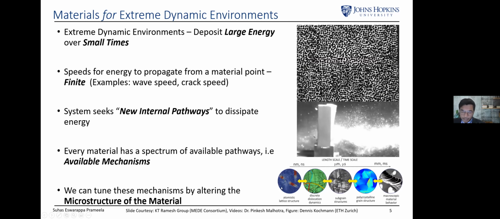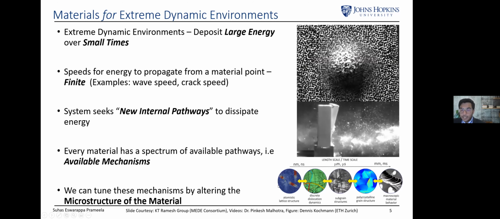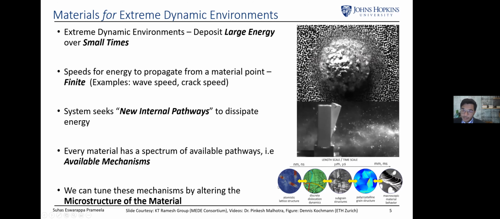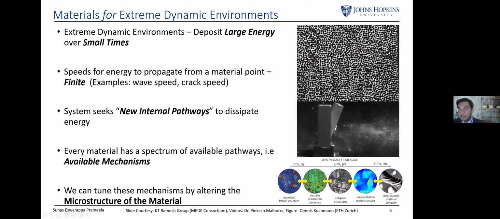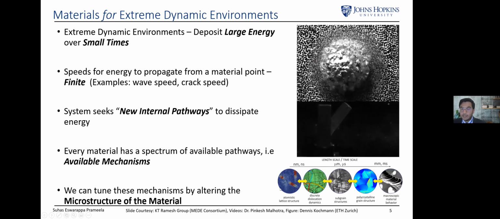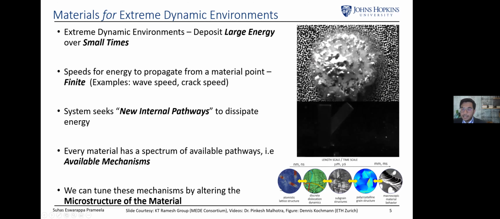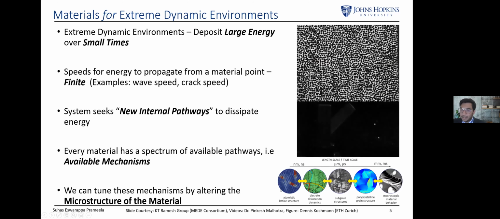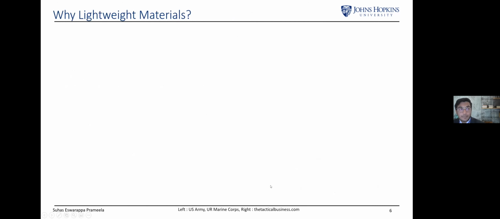You can control the microstructure across length scales and think about this from a hierarchical design perspective. There are length scales to think about, there are time scales to think about, and that opens up a vast array of design at the intersection of material science and mechanics. A snippet of that is what is going to be the focus of my talk.